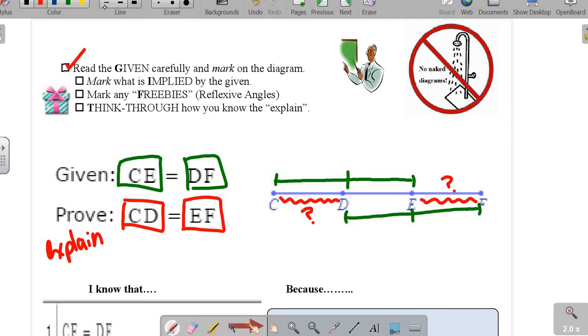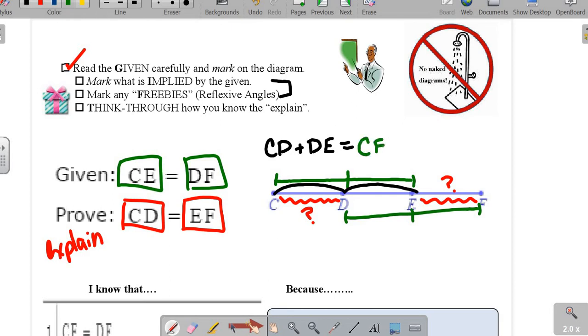Given. Implied and freebies usually go together. We're looking for things that are true just on the diagram. And this would be an example of a freebie. What's on the diagram is that CD plus DE equals that green segment CE.